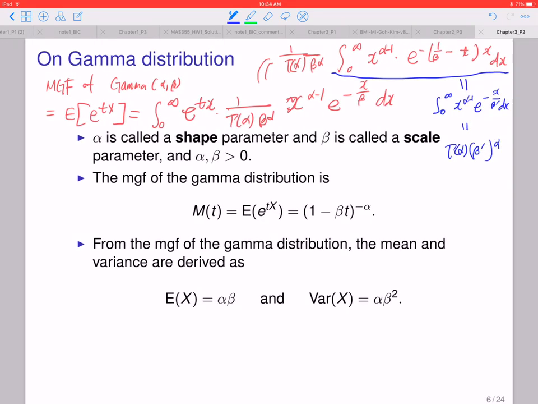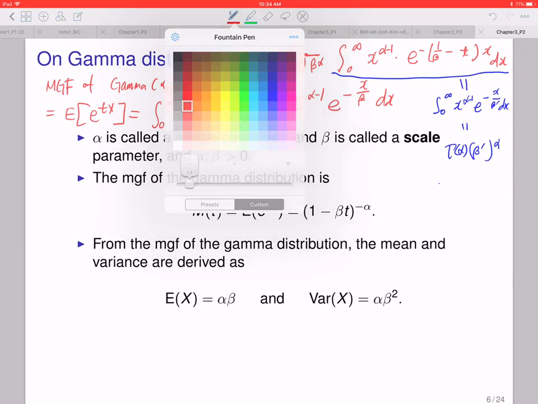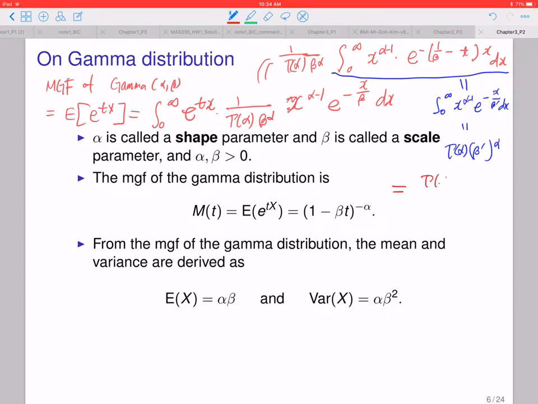So all you have to do is compute the ratio, which is beta^alpha over gamma(alpha) times gamma(alpha) over beta'^alpha, where beta' is beta minus t.